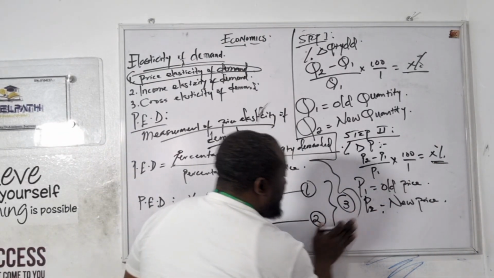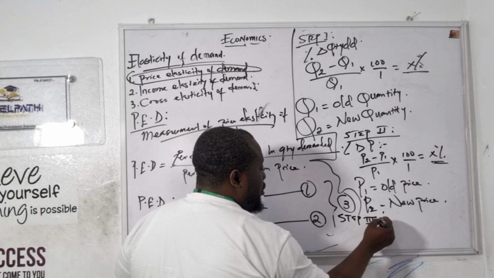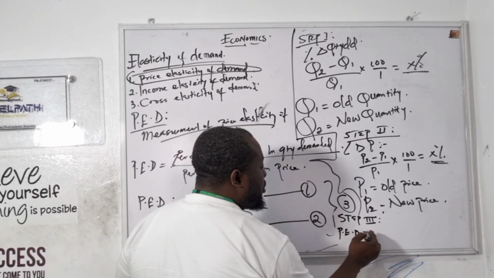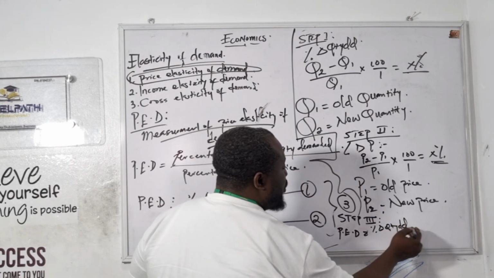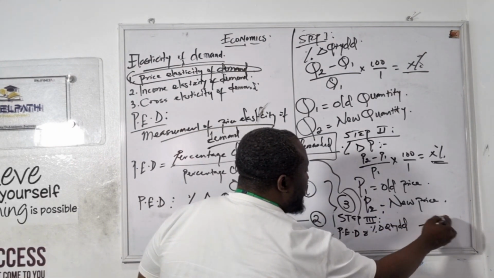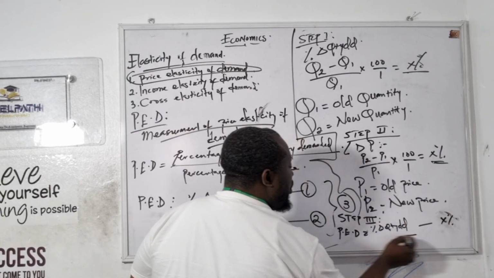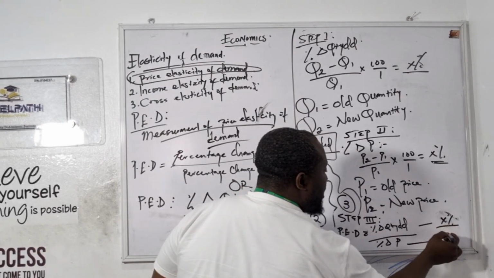So your last step, step 3: you now say your price elasticity of demand equals the percentage change in quantity demanded you have gotten in step 1, divided by the percentage change in price you have gotten in step 2.